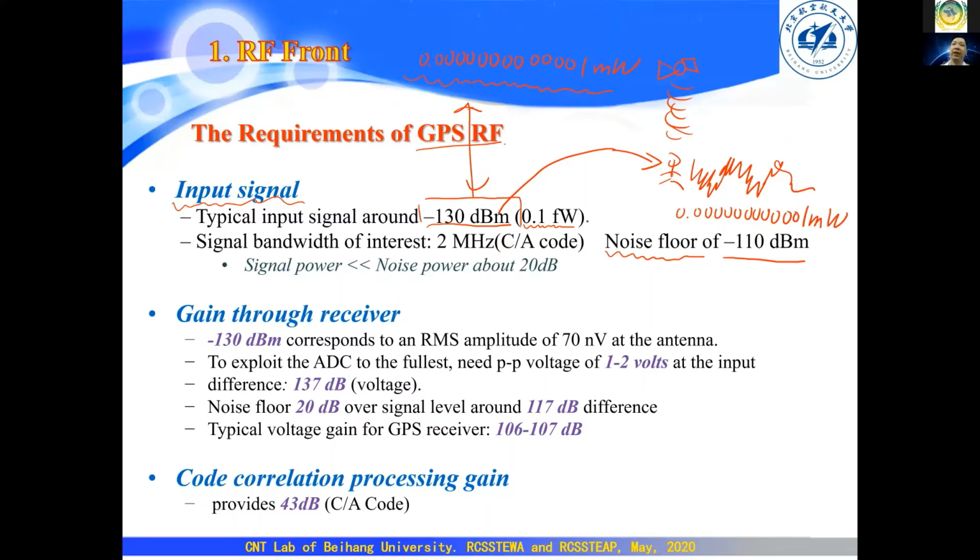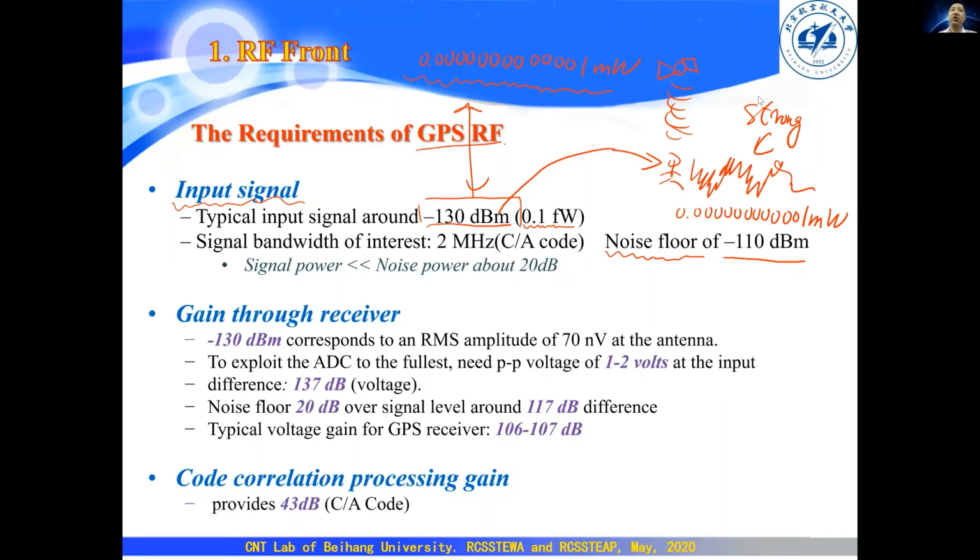Oh, horrible. Again, which one is stronger? Actually, the noise is stronger. That means the signal power is much weaker than the noise, about 20 dB, corresponding to about 100 times compared to the noise power. The signal is only 1% of the noise.